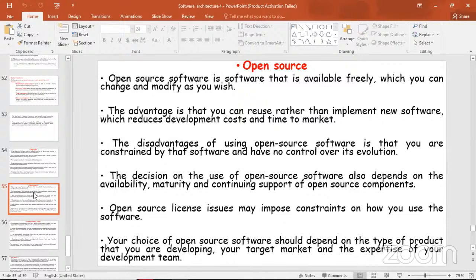The decision on the use of open source software also depends on the availability, maturity, and continuing support of open source components. Open source license issues may impose constraints on how you use the software. Your choice of open source software should depend on the type of product that you are developing, your target market, and the expertise of your development team.